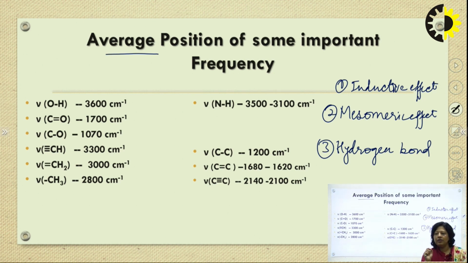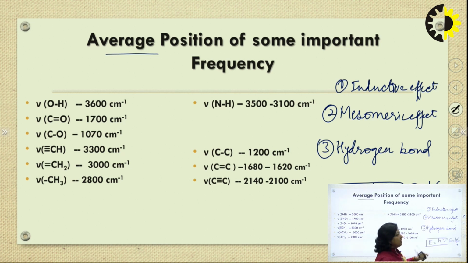For the molecule which is stable, we know the basic formula, E is equal to h nu and E is equal to hc by lambda. By this formula we can infer that this is basically all about energy gaps.